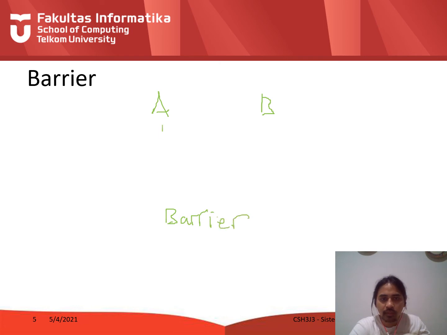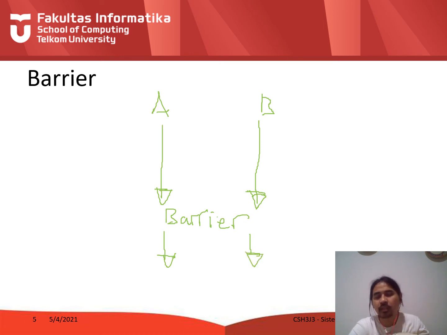So when A reaches the barrier, A needs to stop first, just until B reaches the same point of the progress of the program, and then they can continue to the finish line. But barrier usually can be solved by the two other options, which are semaphore and synchronous communication.